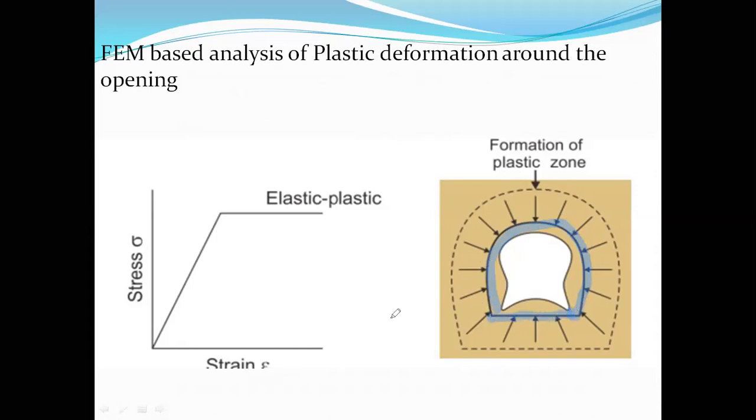Given those physico-mechanical parameters and other relevant input parameters, using FEM-based software we can predict how exactly the strata around this opening behave, and accordingly we provide the corresponding support system. This is about the plastic zone, where the stress acts from all sides of the opening and tries to close it, so it requires support all around the opening.